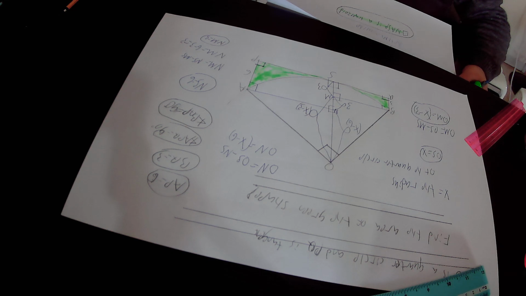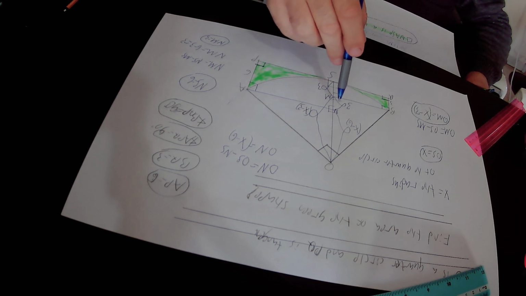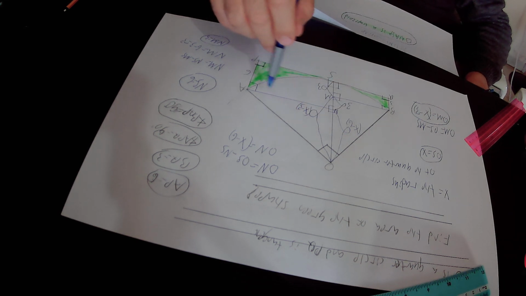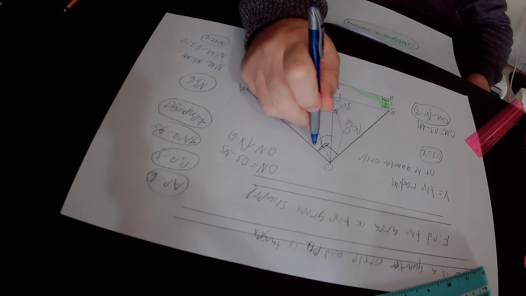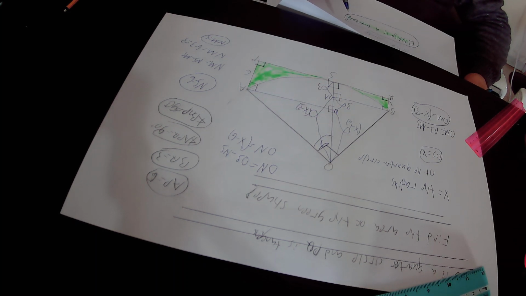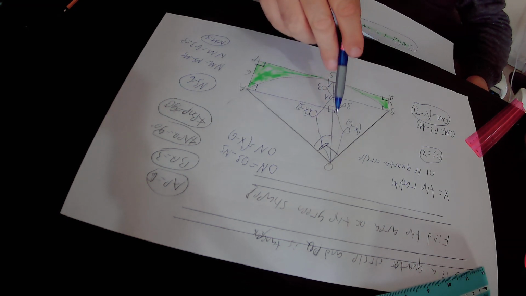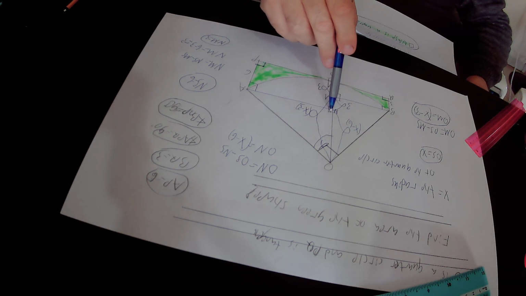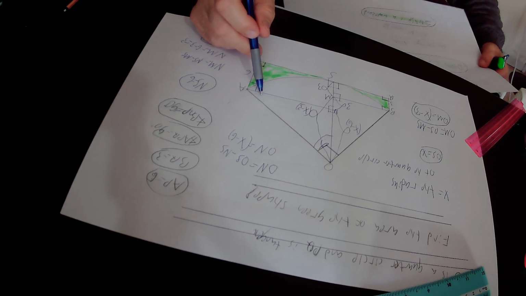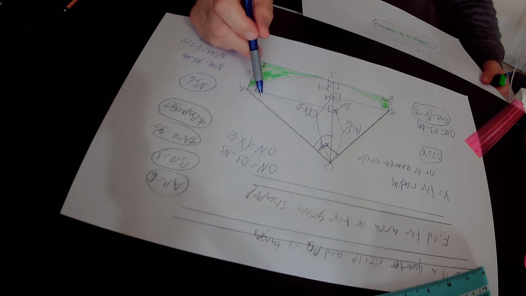In the next step, we will define this angle NOA as alpha. So in the right triangle ONA, this angle equals alpha, this angle equals 90 degrees, therefore the missing angle must equal 90 degrees minus alpha.